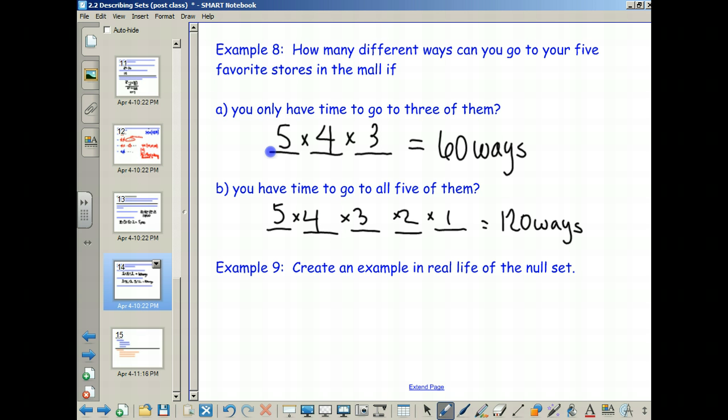And then I want you to create an example. We'll talk together and we're going to think about it. Create an example together here of the null set used in real life. So the idea is we need to create a set that's empty.